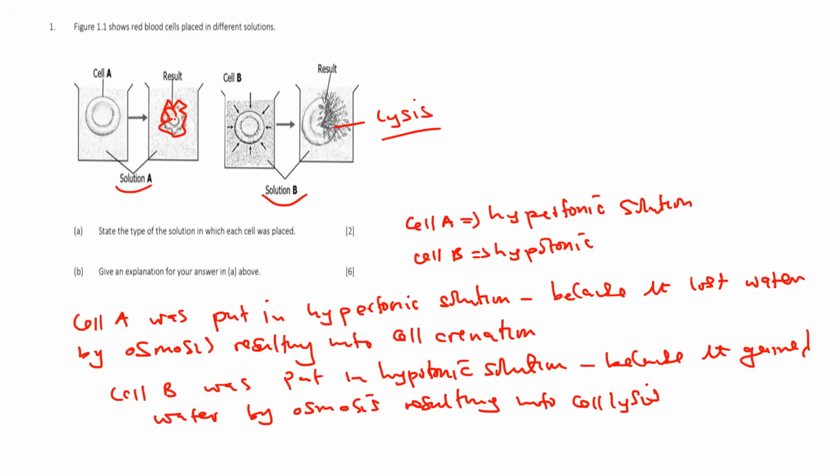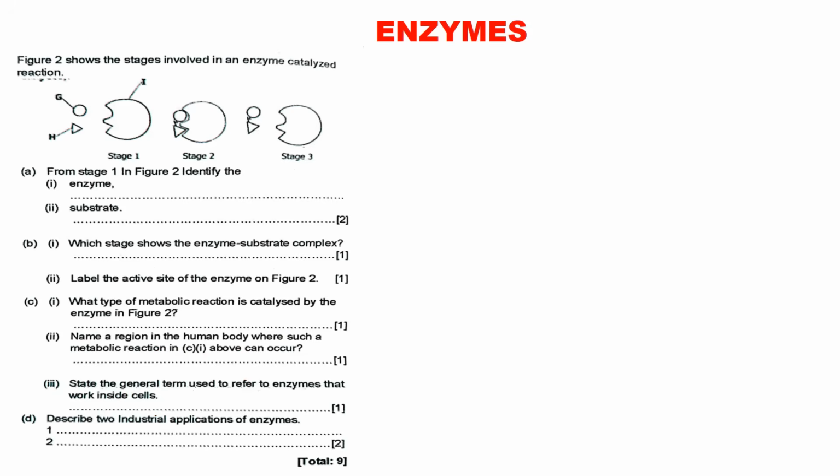Okay, that is it. Then, away from transport across the membrane, let us look at some enzymes. What do you need to know about enzymes? You need to know the characteristics of enzymes. What are the characteristics of enzymes?